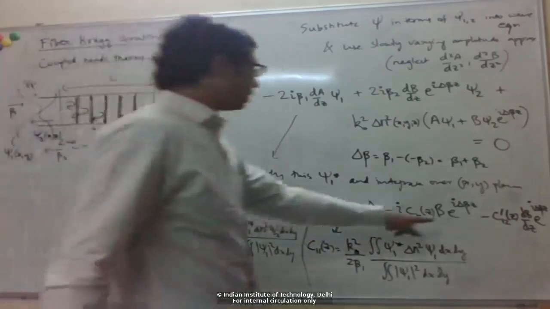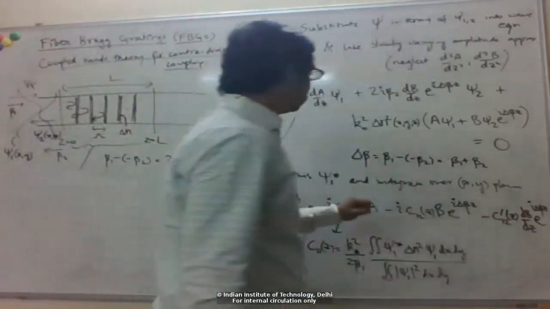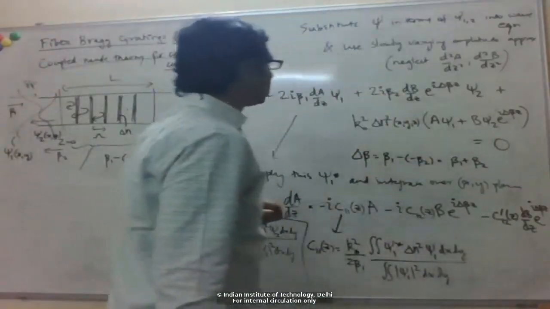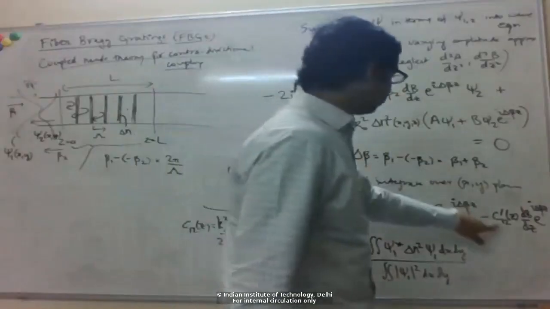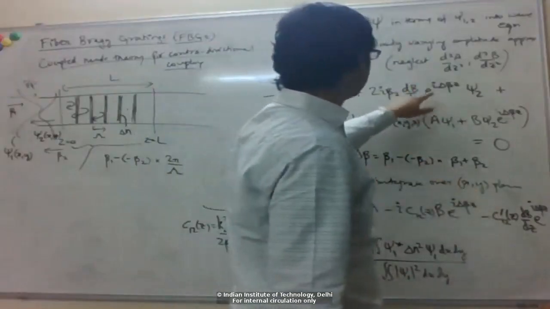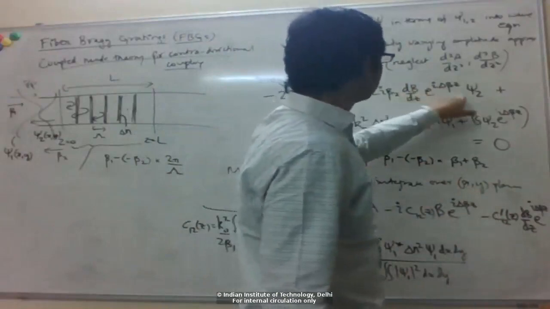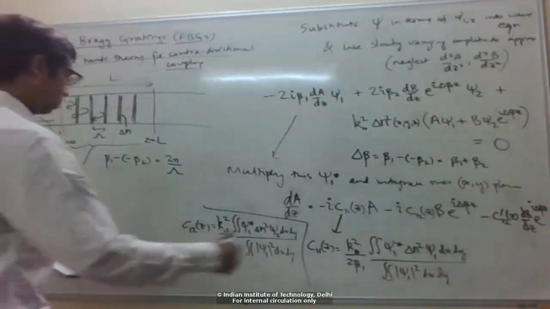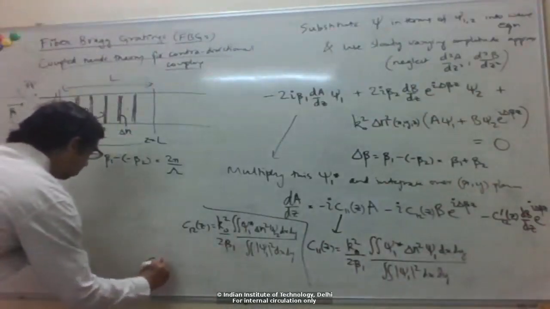Okay, and then we have another third term here, which is coming from d by dz, right? So the coefficient for that I've denoted as C12 prime. So C12 prime will be integral of psi1 star psi2.